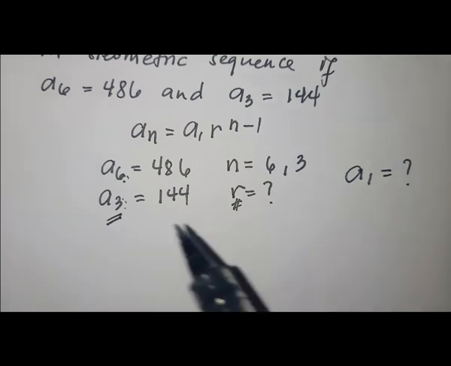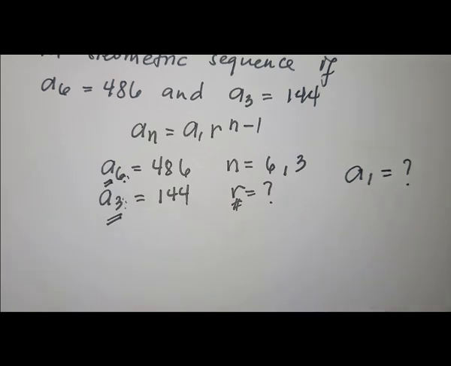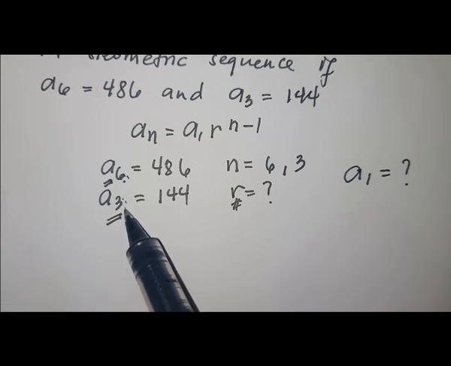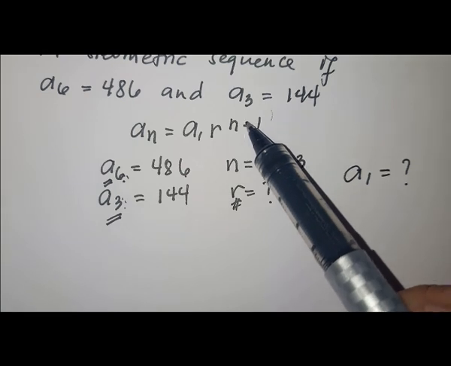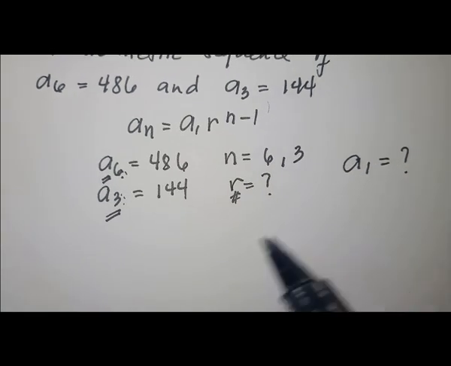At ang last term natin, yung a sub 6. Okay? So, dahil yung a sub 3 ang gagawin nating first term, ibig sabihin, itong part na to, magbabago yan. So, paano yung magiging equation natin?